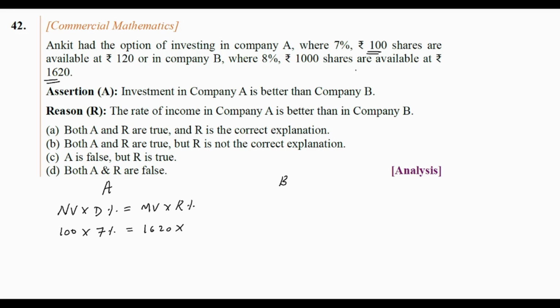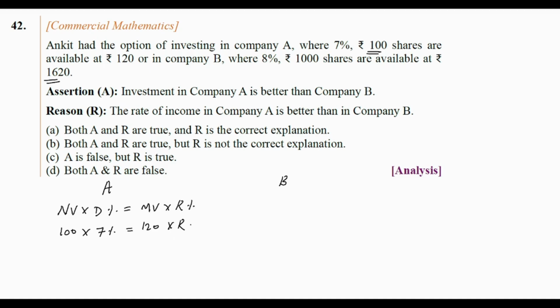Now 100 rupee shares are available at 120, so here we take MV as 120. This is for company A we are dealing with. Clear, children? So first we consider the company A, then we go to company B. 100 rupee shares, 7% are available at 120. So it is 120 into return percent we need to calculate.